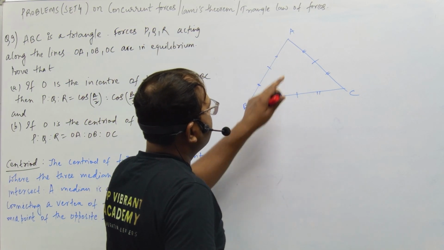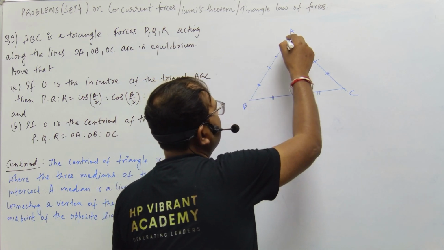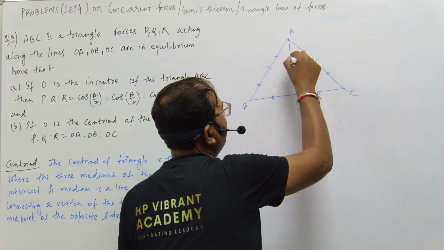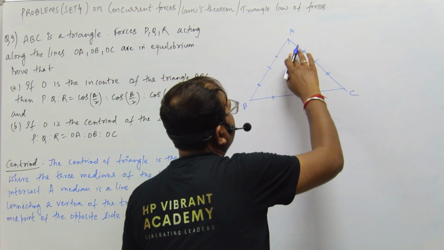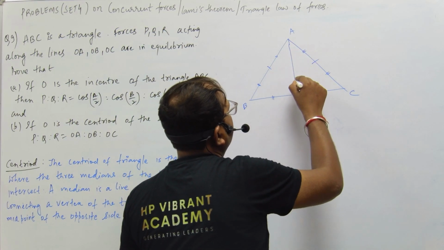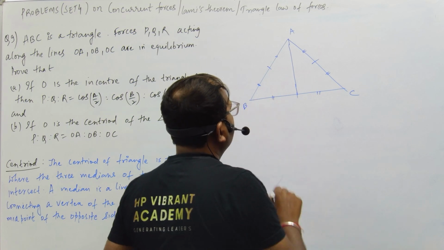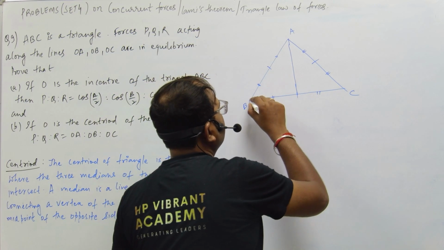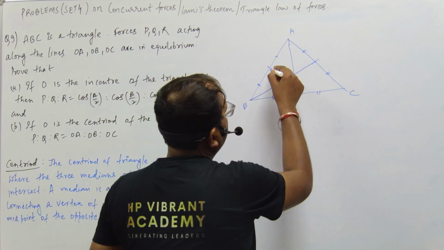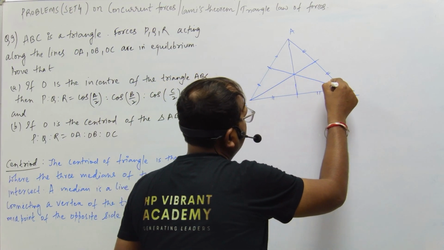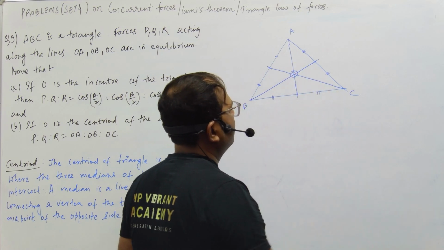The median is the line joining the vertex to the midpoint of the opposite side. This is the median. Let us join B to the midpoint of AC, and C to the midpoint of AB. So this is our centroid.